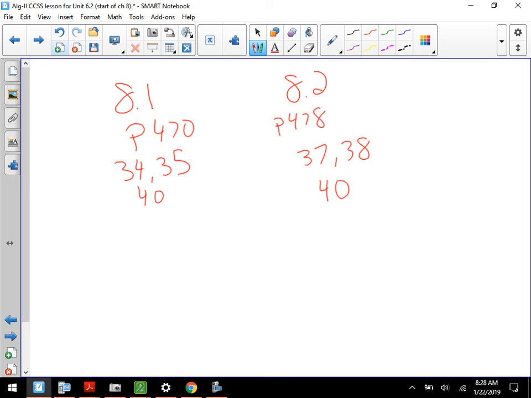Same idea. Label everything, plot the parent, and the shift.